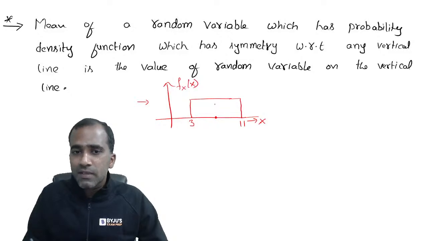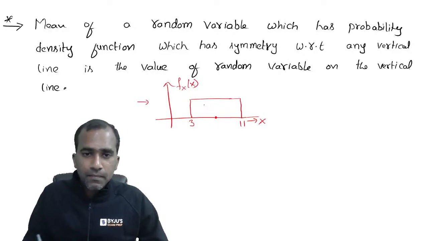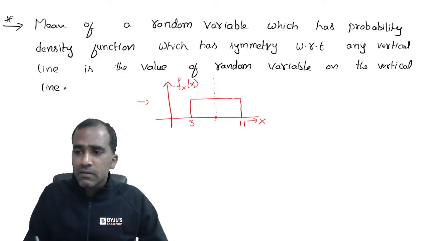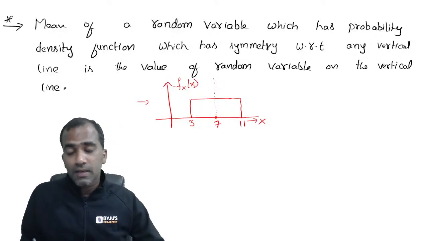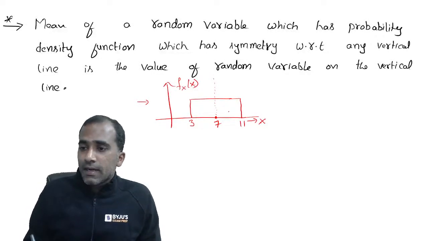I'm not talking about even symmetric. Definitely this is not even symmetric, but it has symmetry with respect to the midpoint of the rectangle, right? And what is that midpoint? The average of these two, 3 plus 11 by 2, which is 7. With respect to 7, it is symmetric or not? It has a length of 4 units this side and 4 units this side. Correct? If you stand here and look at this side and look at this side, the shape of the graph is the same, right?